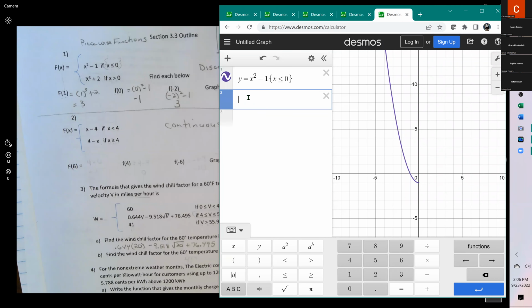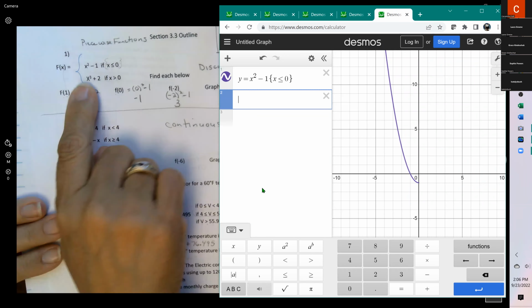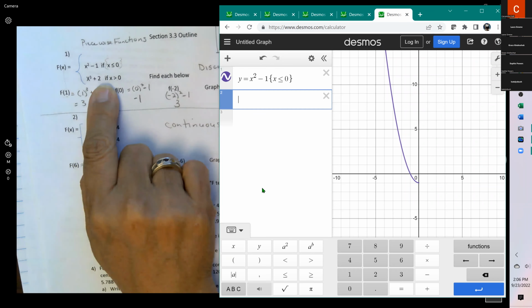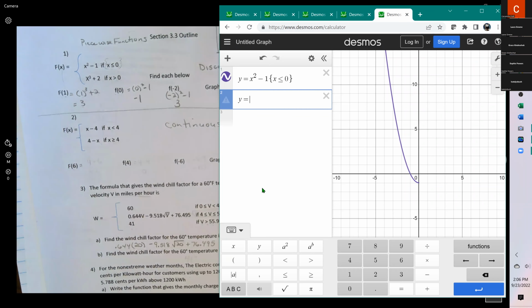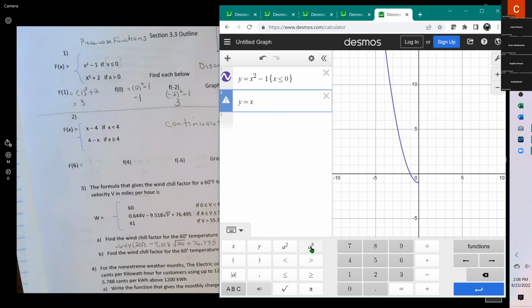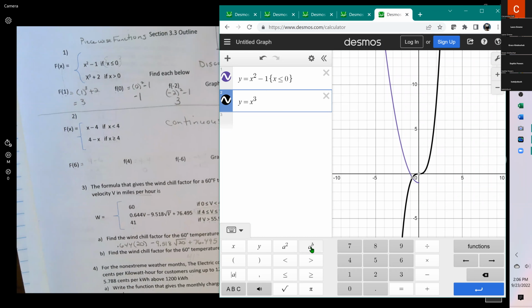And let's do the other one. So it's x cubed plus 2. Y equals x, and then I'm going to hit the AB button. Cubed, and then I'm going to hit the, notice it's up with the 3. If you hit the right arrow, it comes back down, plus 2. Oops, I didn't hit 2.